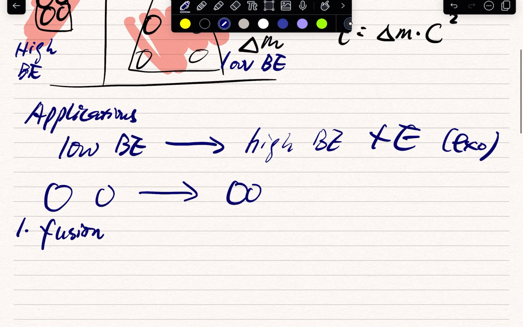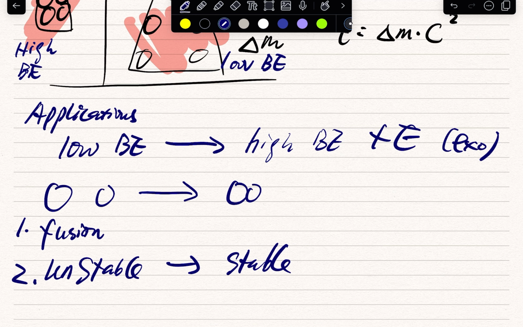Okay, perfect. So the second application is going from an unstable atom, right? The atom is not happy with the nucleus configuration of this atom. So the atom wants to split into more stable atoms, right?